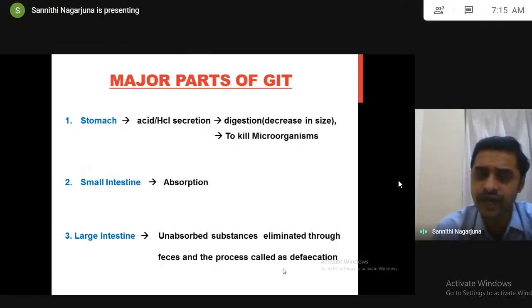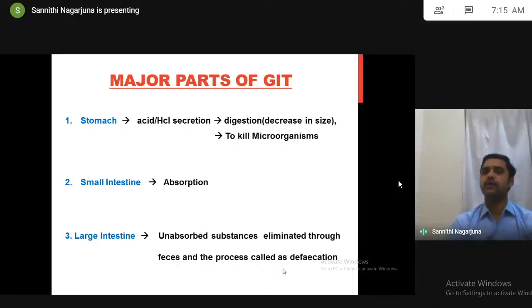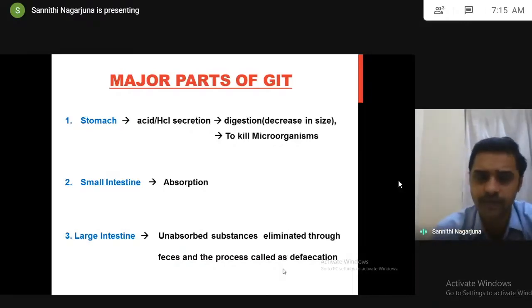Unabsorbed means not entered into blood. Am I right? So each and every part of the GIT has its own major function. Stomach is the area for digestion. Small intestine is the area for absorption. Large intestine is the area for elimination.